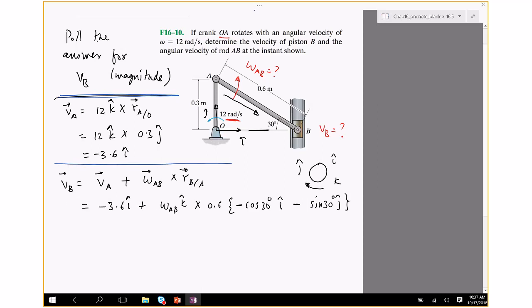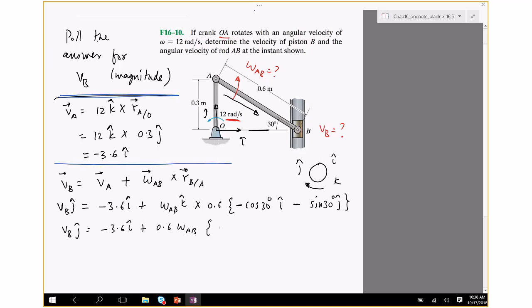Okay, velocity of B, we can see that B has to move in the slot up or down. So I'm going to assume it moves up, positive. So VB j equals minus 3.6 I plus 0.6 omega AB.